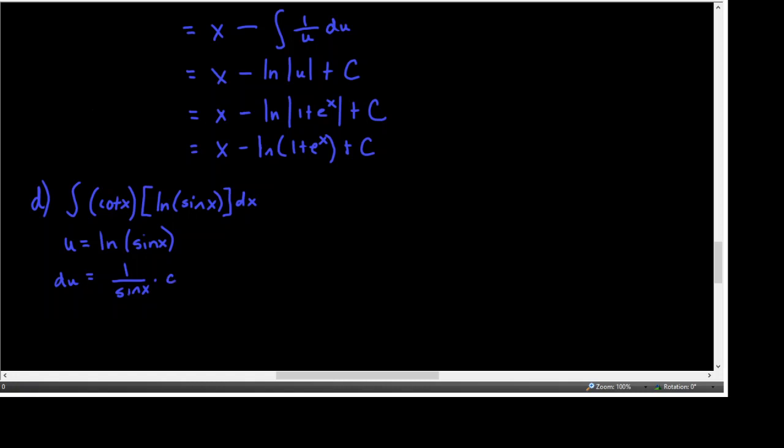The derivative of sine of x is cosine of x times dx, which means that du simplifies to be cosine over sine, which is cotangent x dx, which is exactly what I have here and here already.